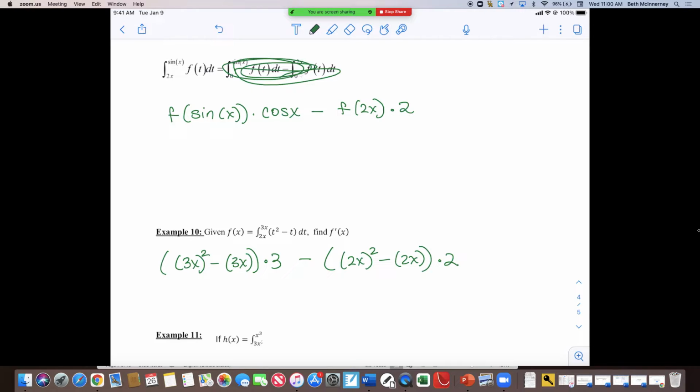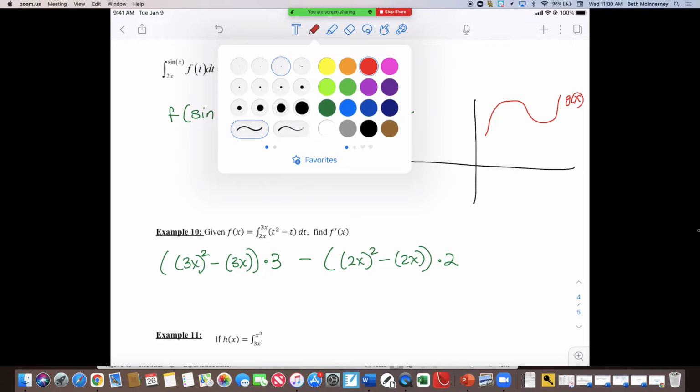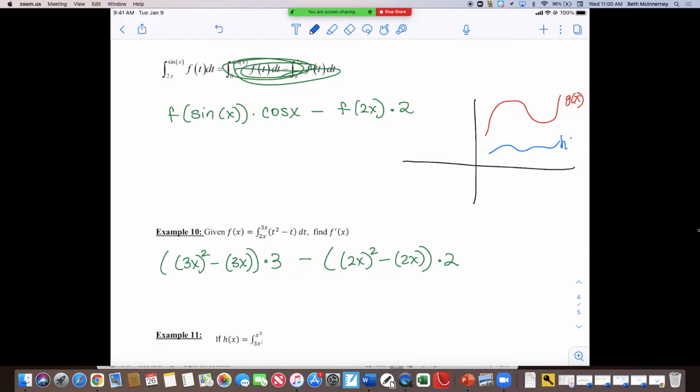Let me pause a brief moment because that may not make a whole lot of sense right now, and this will make a lot more sense a little later. But let's say the top function is g of x, and my bottom function is h of x. Here's the big idea why I'm doing this subtraction.